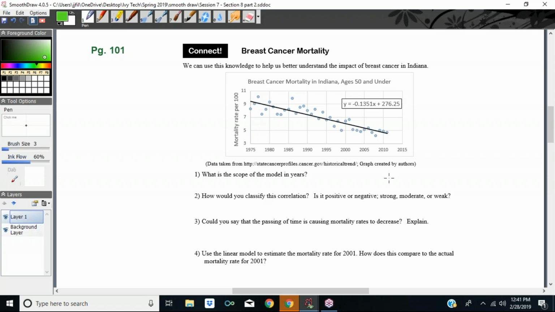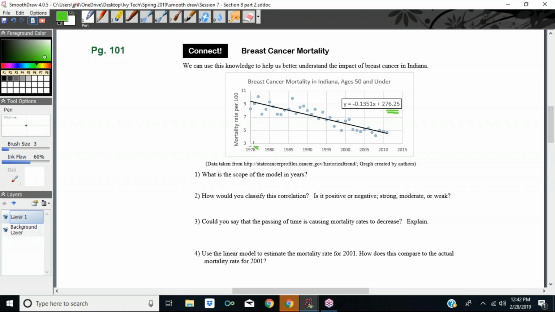It has our regression line equation up there, our model, y equals negative 0.1351x plus 276.25. Now remember earlier we said that this number here at the end is the Y-intercept. And the Y-intercept is where your trend line has an x value of 0.